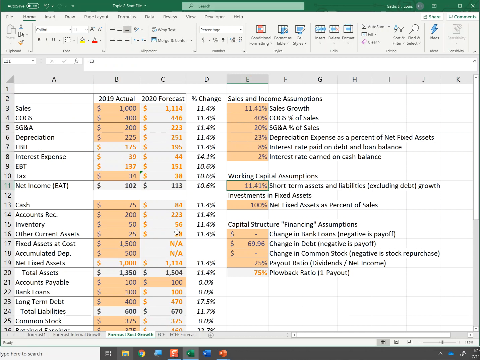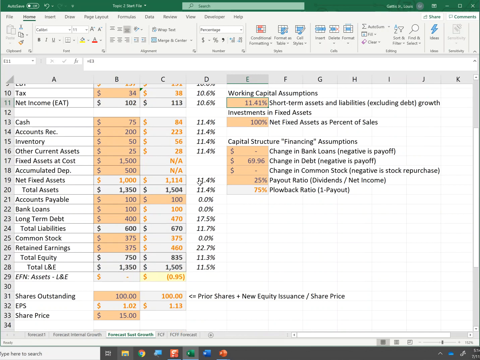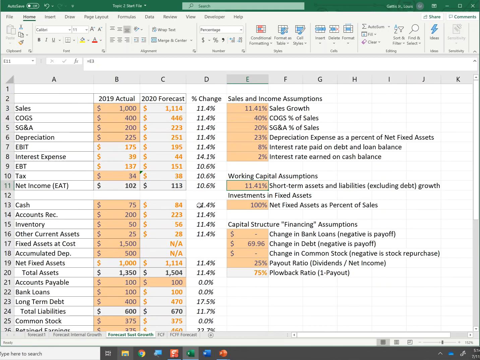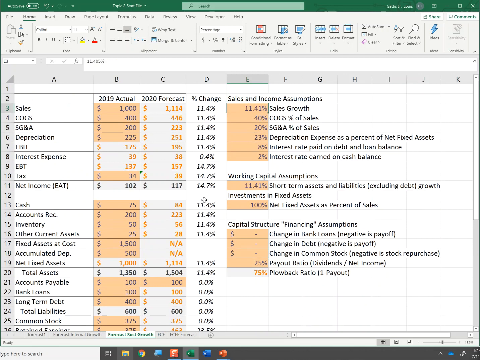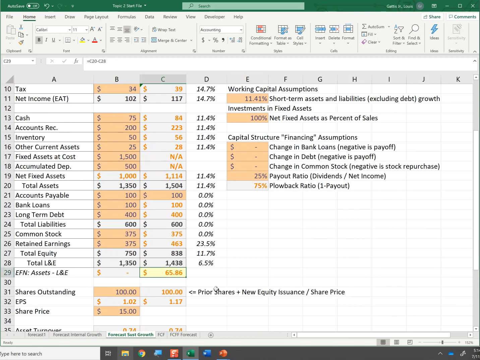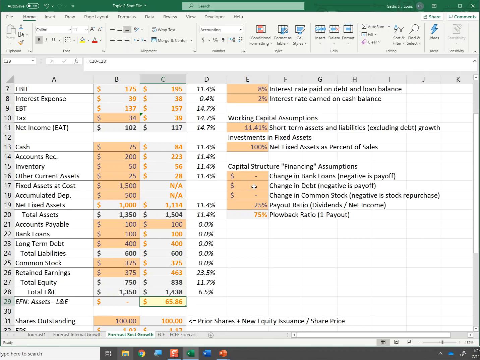And when I do that, here's what happens. The forecast is going to say, well, let's zero out the change in debt first. If I grow at 11.41%, I'll need $65 in financing. If I finance that using debt, so 65.68, well, I've got to do a second pass, 3.14.